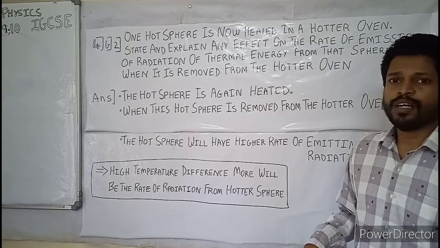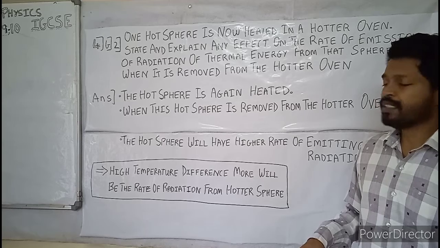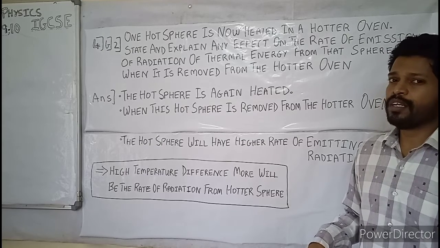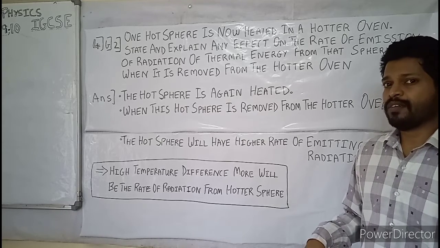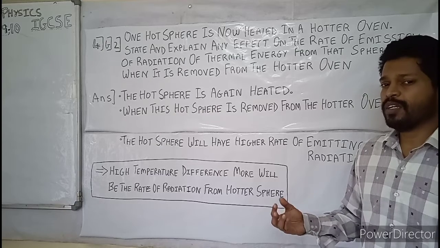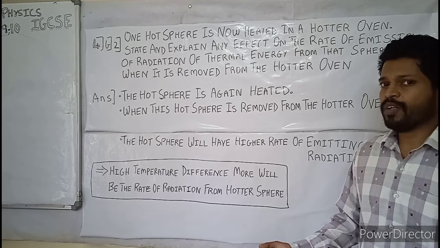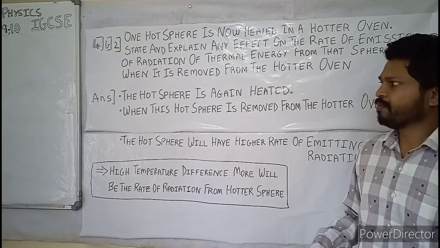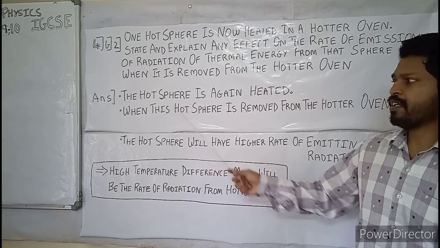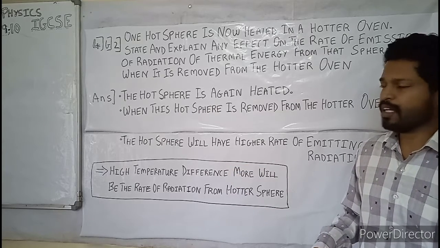The answer is: the hot sphere is again heated, as I told you earlier. The heated sphere is taken and put into a hotter oven. So that is why we are writing the first sentence, the hot sphere is again heated.